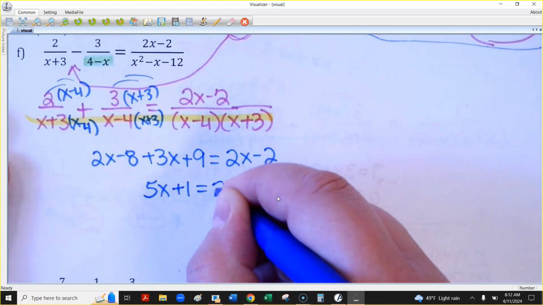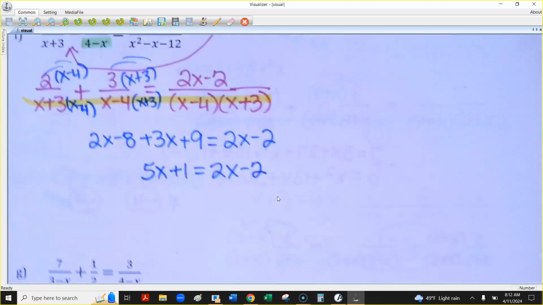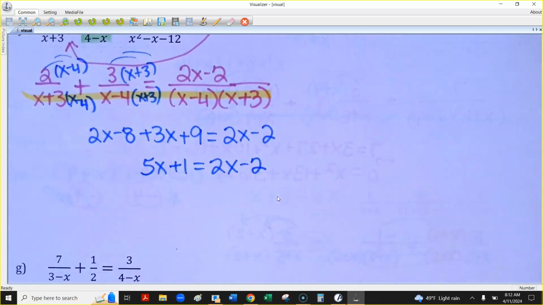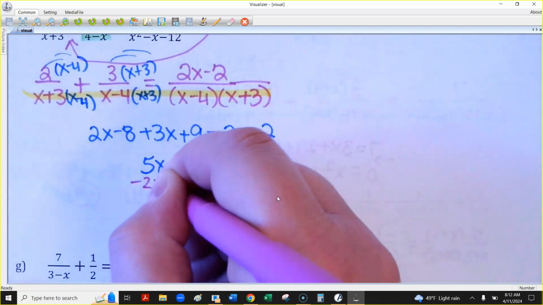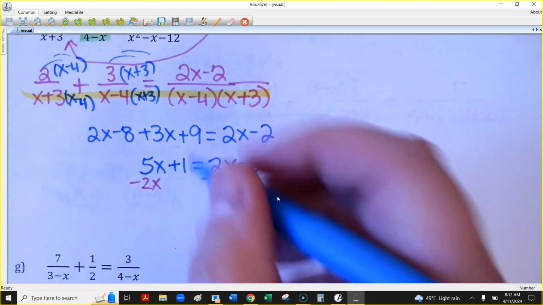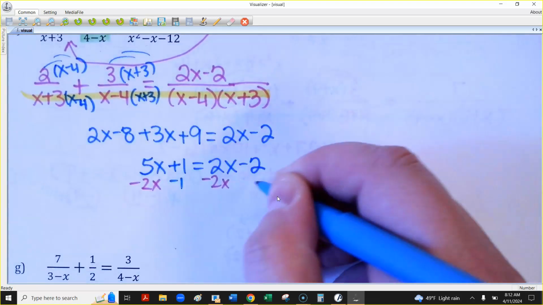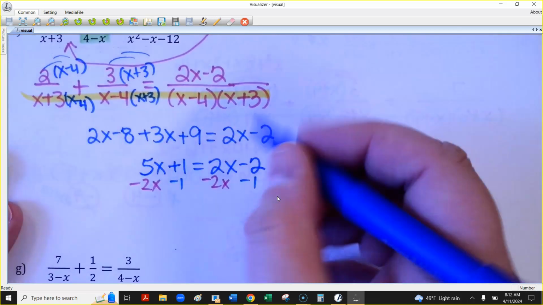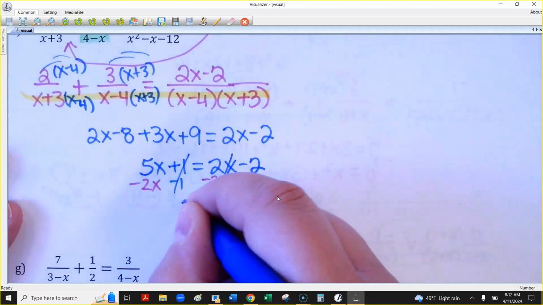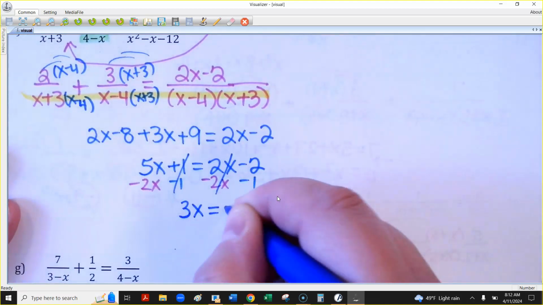And then however you want to do this, if it's me, I try to keep my variable positive. So I'm going to subtract 2x. And right in the same step, just to save some space, I'm going to move that +1 to the other side by subtracting it. So you get 3x equals -3.